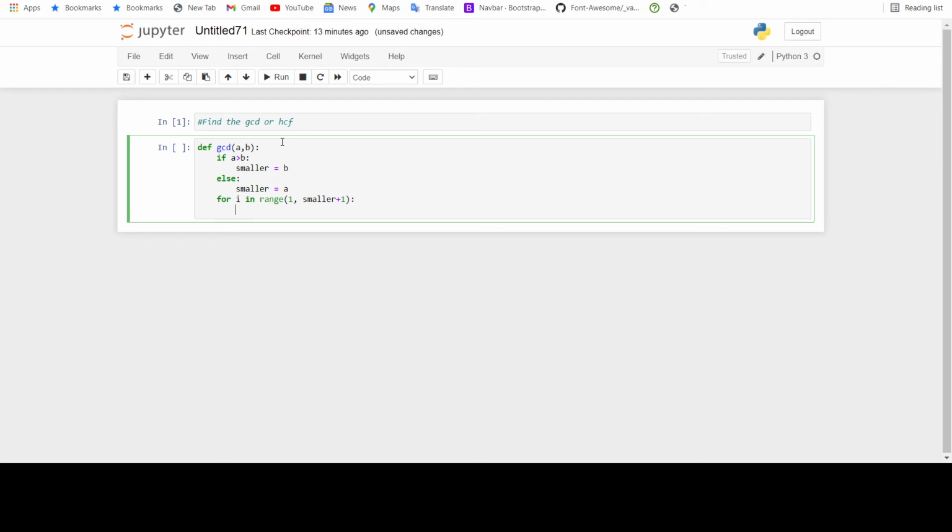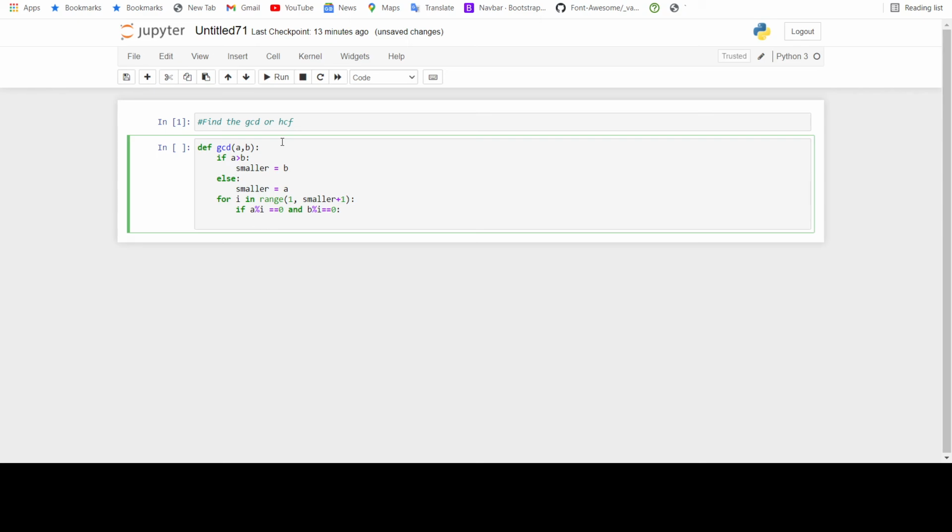So, if a modulus i is equal to 0, and as it should be divided by both numbers, I am using the and keyword, and we should perform both the operations. I am checking whether both the numbers are divisible by the ith number or not.